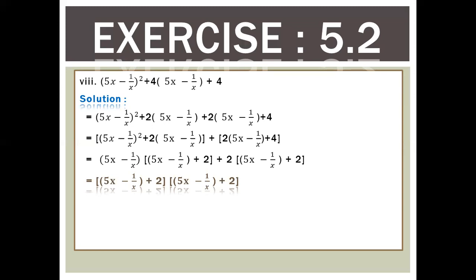Same in the second, we take 2 common, and (5x minus 1 over x) plus 2 is left in the second bracket. When we combine these, (5x minus 1 over x plus 2) and (5x minus 1 over x plus 2), this is the required answer of the given expression.